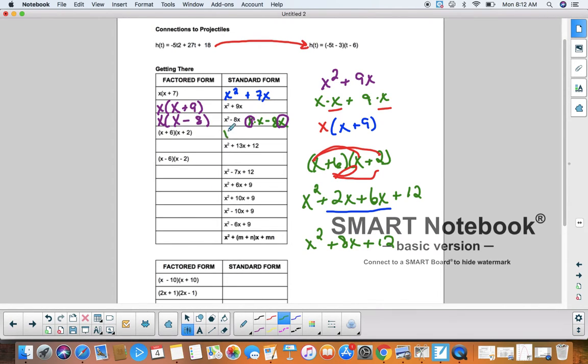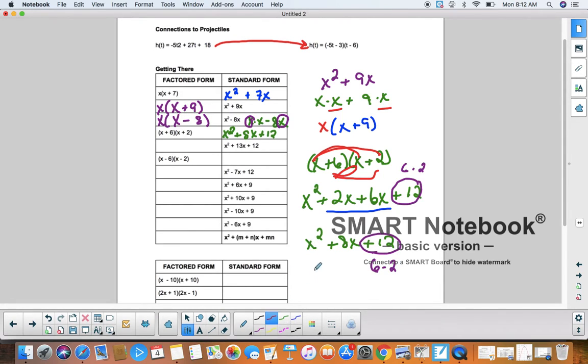So I'm going to write that in here. X squared plus 8x plus 12. But let's go back and look at where each of these numbers came from. The 12 here came from multiplying the 6 times the 2. Right, so this 12 here in our final answer was 6 times 2.